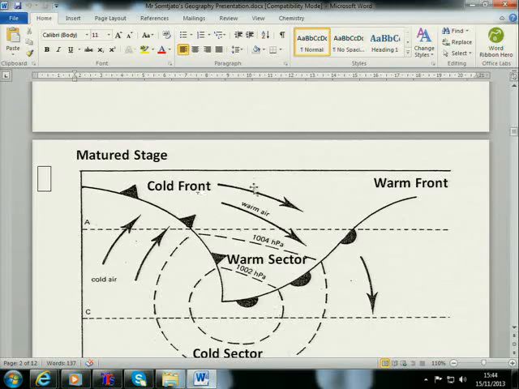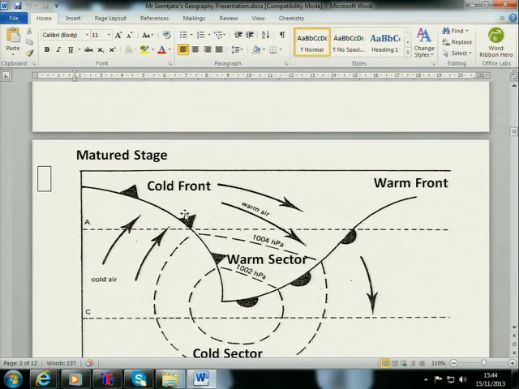On the other side, we are having another feature of the mid-latitude cyclone. The feature is the warm front. The warm front is different from the cold front. You can see in the feature here.